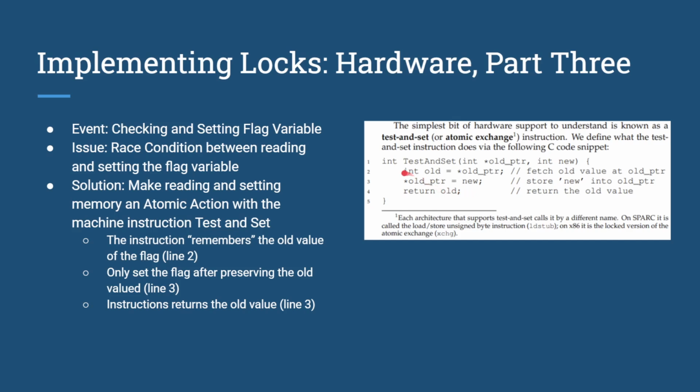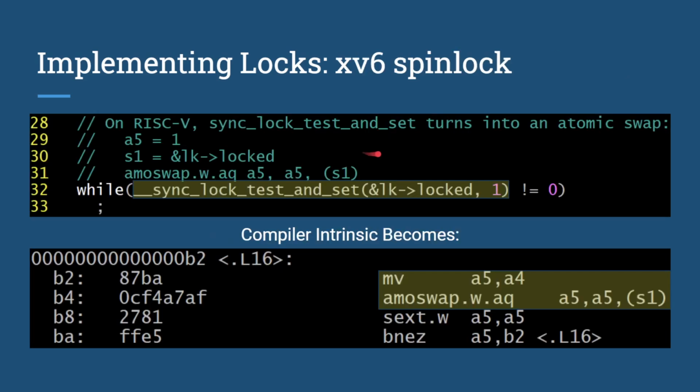So let's go ahead and take a look at how we can implement this. Specifically, let's look at how the xv6 operating system implements this. Here within the file spinlock.c, within the acquire function, you've been using the acquire function. This acquire function actually performs a spin loop.